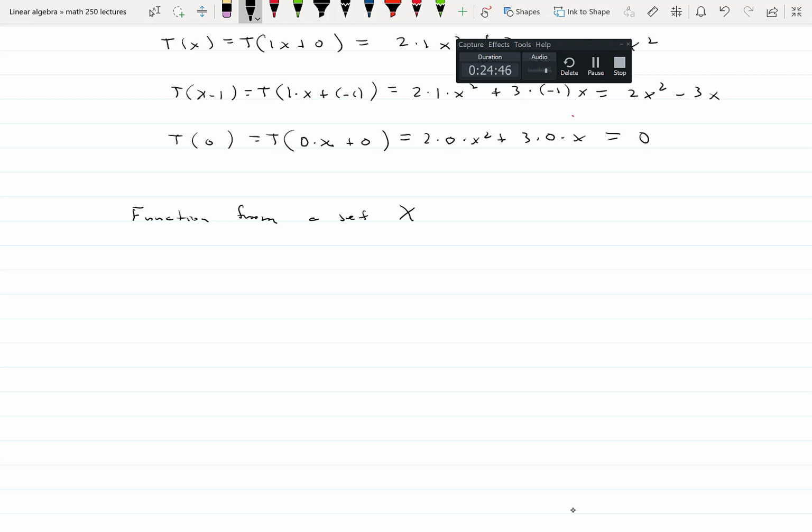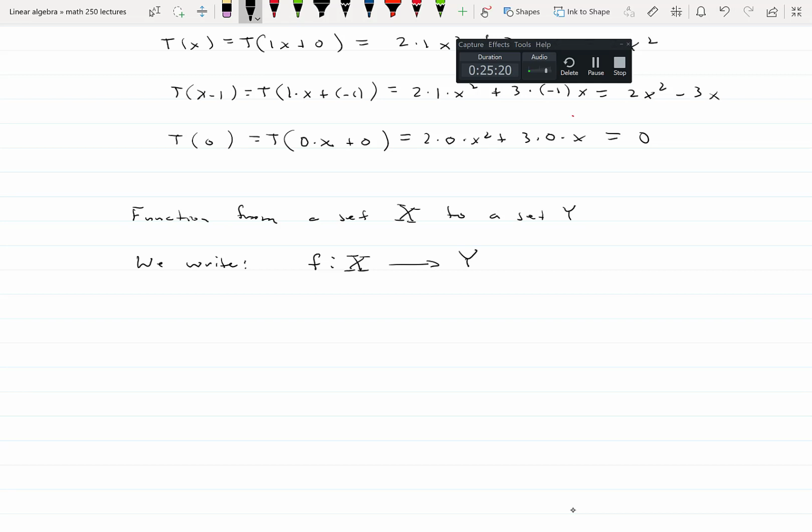from a set X to a set Y, we write f takes something in X. It's not taking a specific element of the set X. This is a set, capital X. It's taking X into another set.